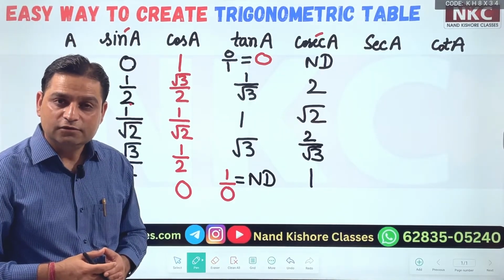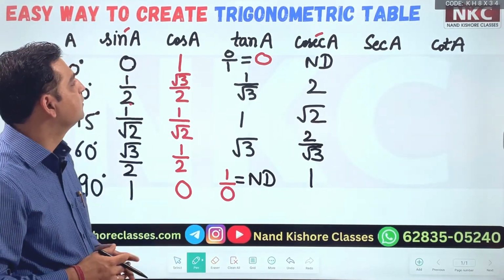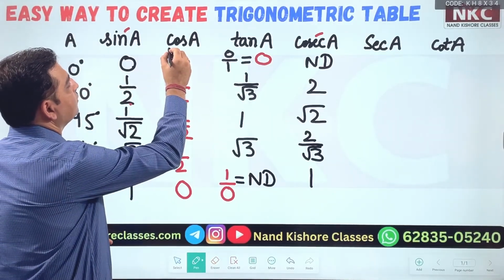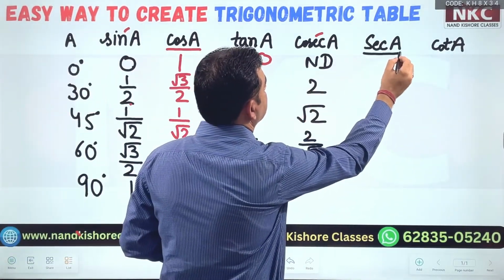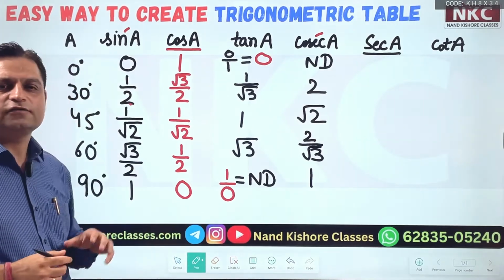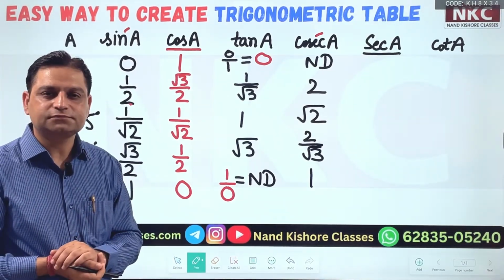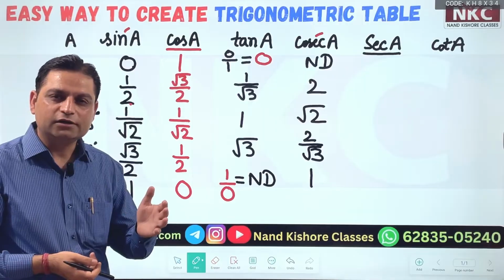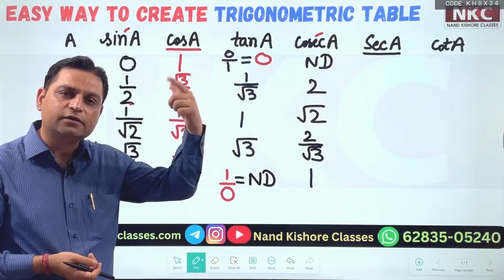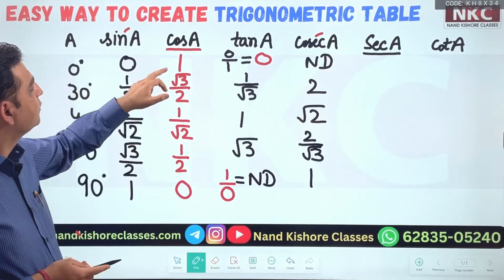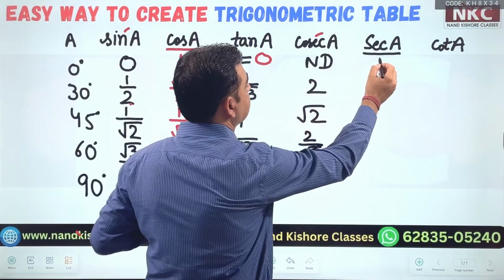Then it's the turn for secant A. See, cos A, this one, and secant A, this one, they are reciprocal of each other. No need to do anything else, just keep cos in mind and write the reverse. The reciprocal of 1 is 1 only, so it will remain 1.